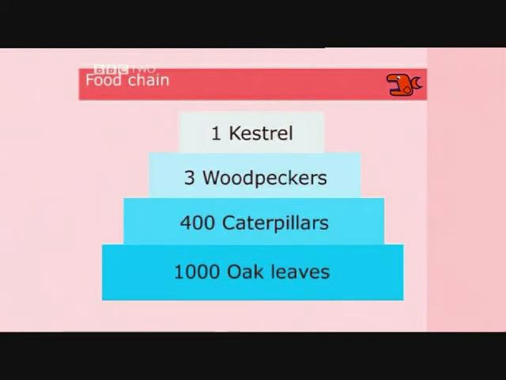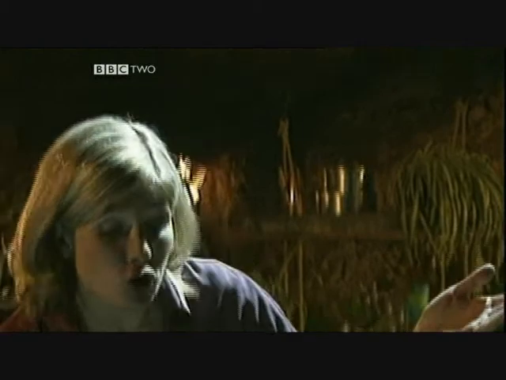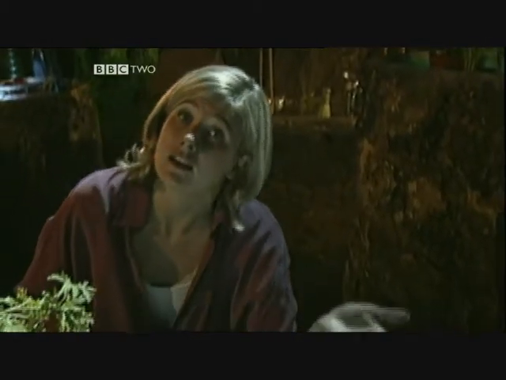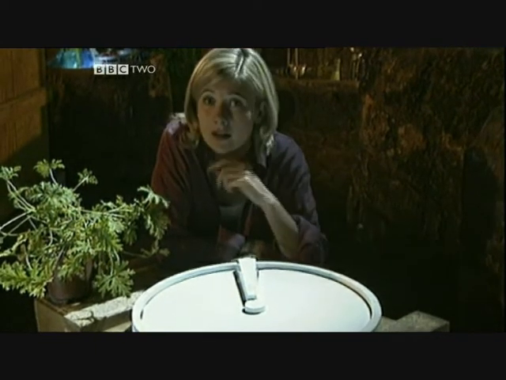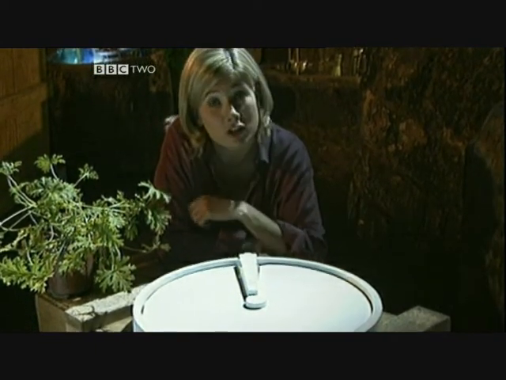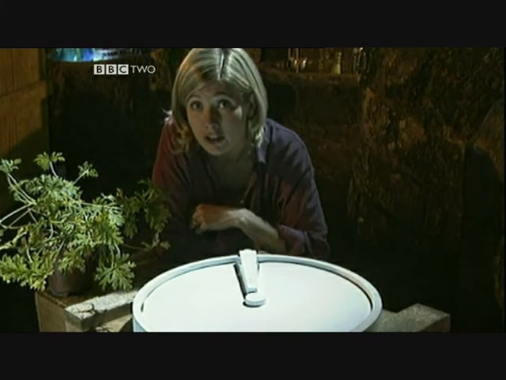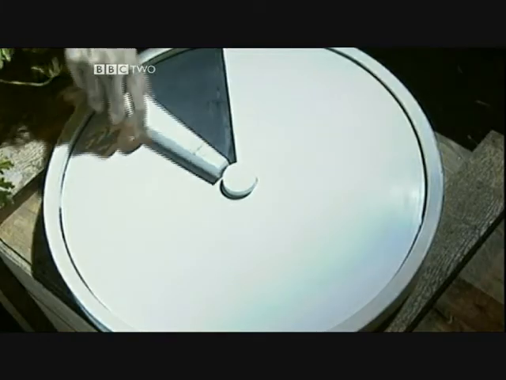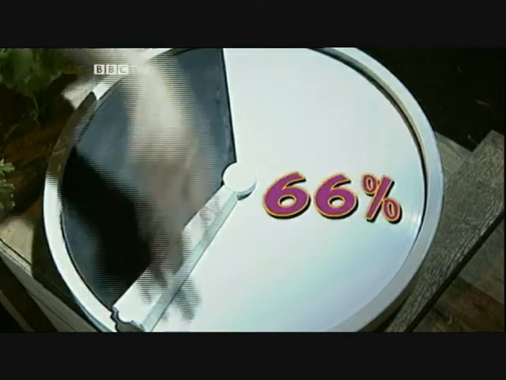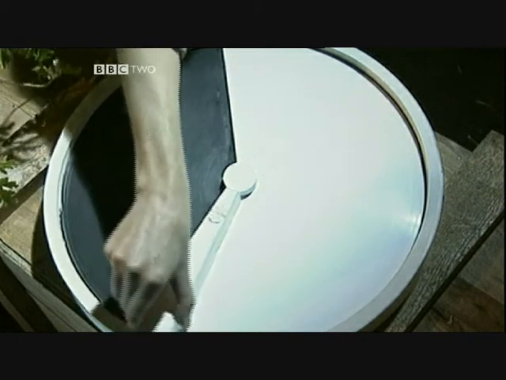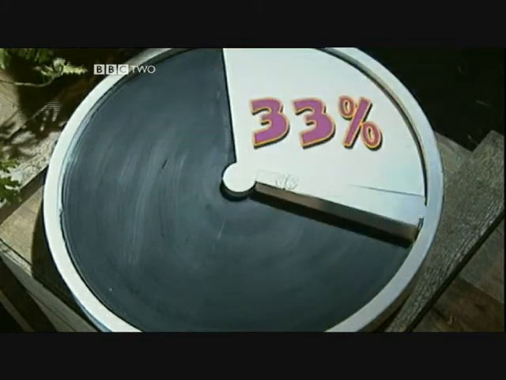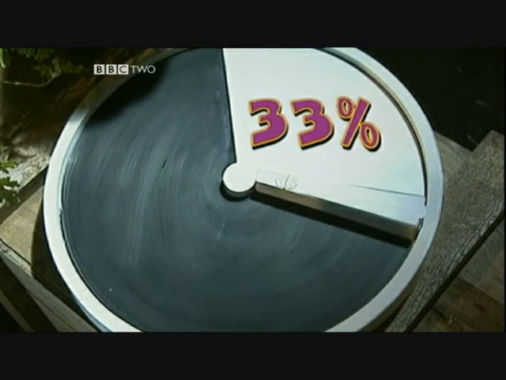But how much is passed on? Well, if we use this spot of sunlight to represent the sun's light energy shining on a green plant, how much does the plant manage to convert to stored food energy? 66%, 33%.